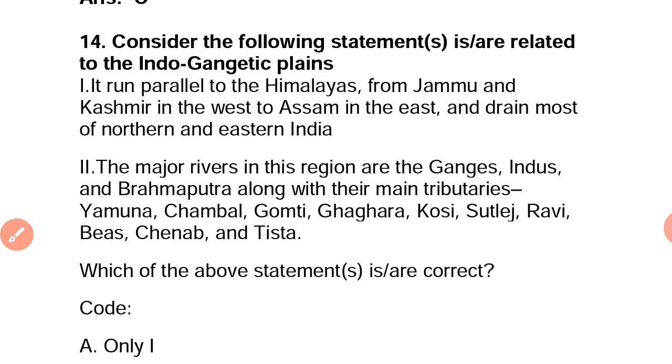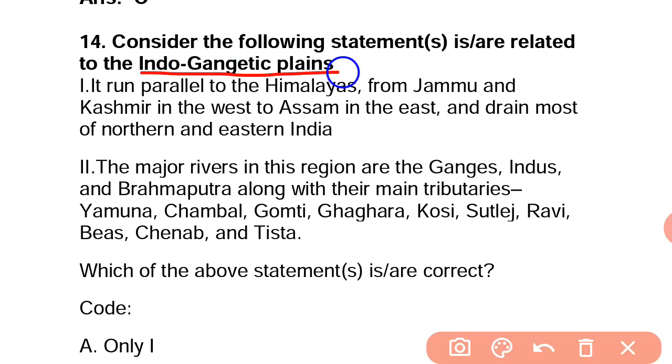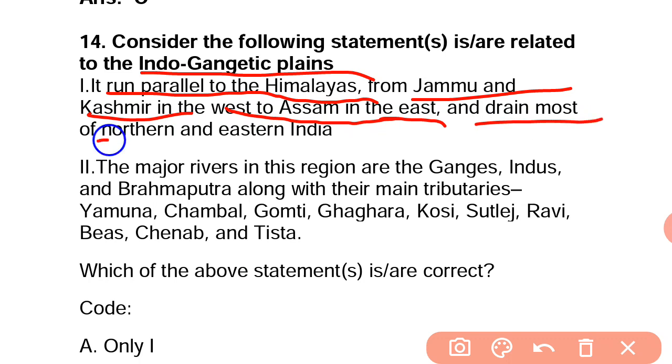Consider the following statements related to the Indo-Gangetic plain. I. It runs parallel to the Himalayas from Jammu and Kashmir in the west to Assam in the east and drains most of northern and eastern India. II.